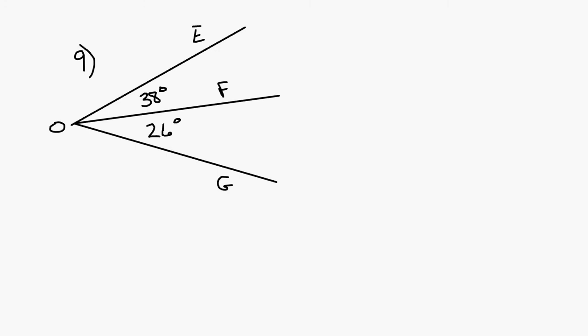What is the measure of EOG, the big angle? That's a tough one, isn't it? 64. Did you add 38 plus 26? All right, so to find this angle, you would say 26 plus 38 equals 64? Good, so 64 degrees right here. EOG is equal to 64.